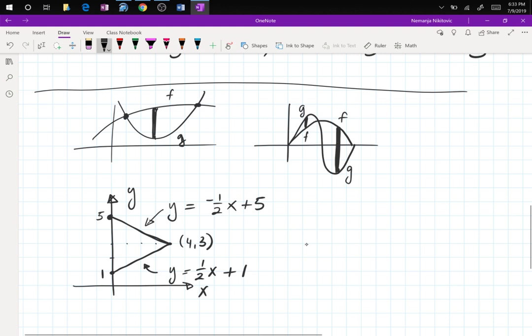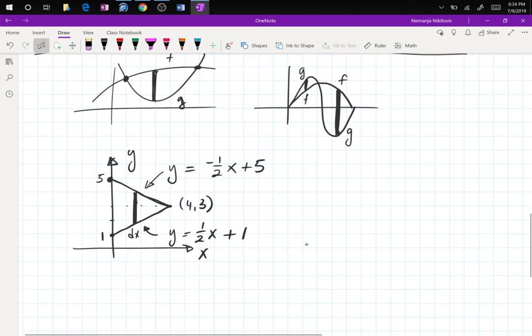Now, having this, clearly the good choice is to use dx, because you have top minus bottom there in terms of x. But then rotation is on y.